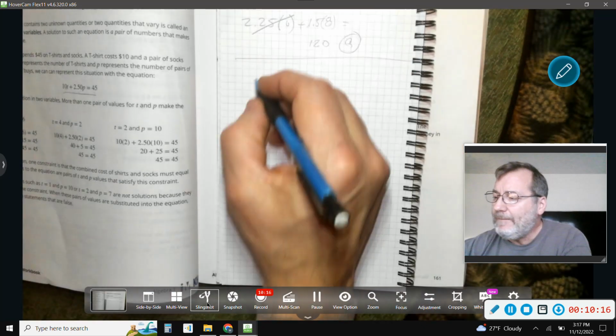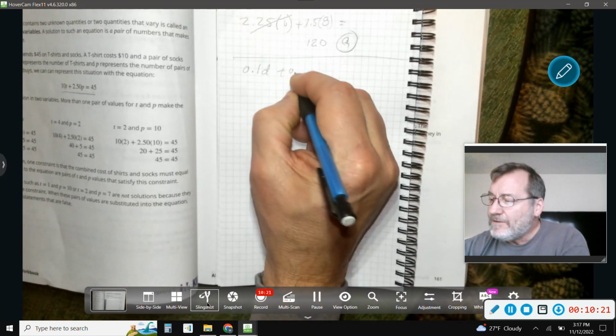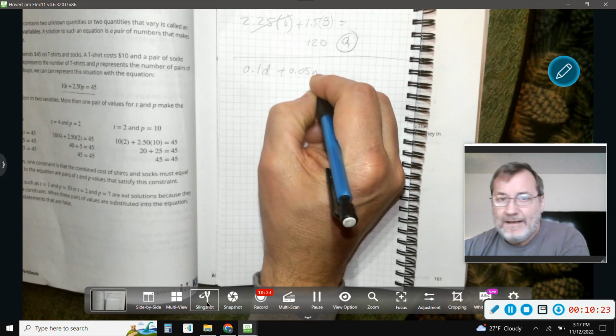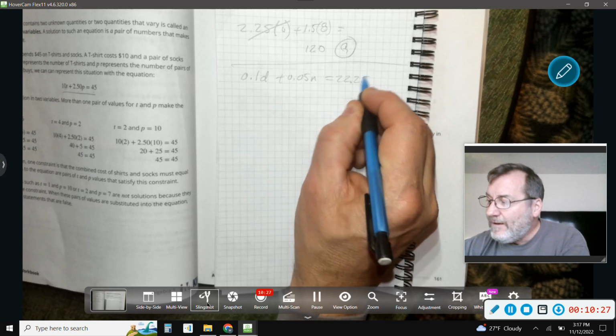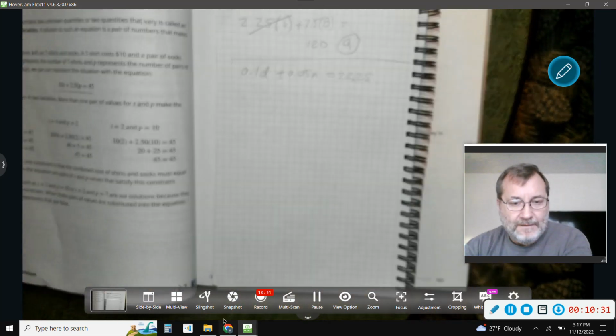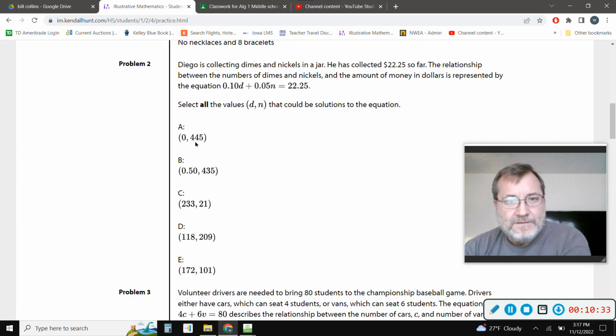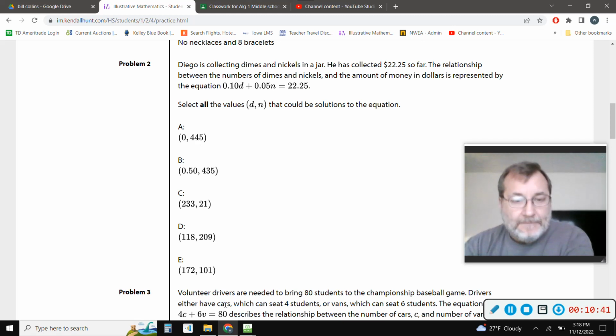Let's draw a line. 0.1 dimes plus 0.05 nickels equals $22.25. Now the first one that they want us to try is 0 and 445.